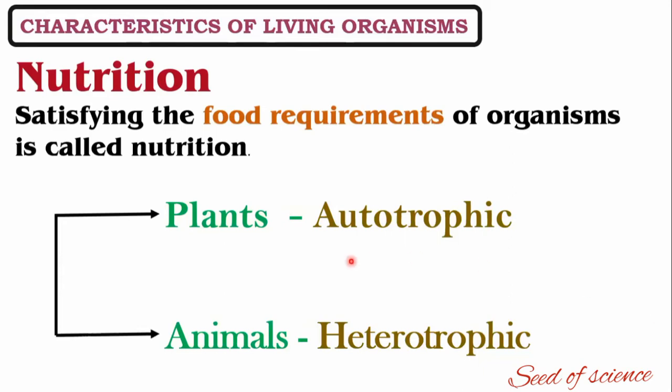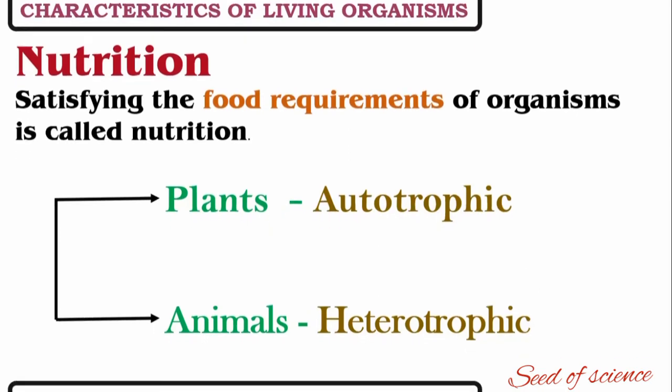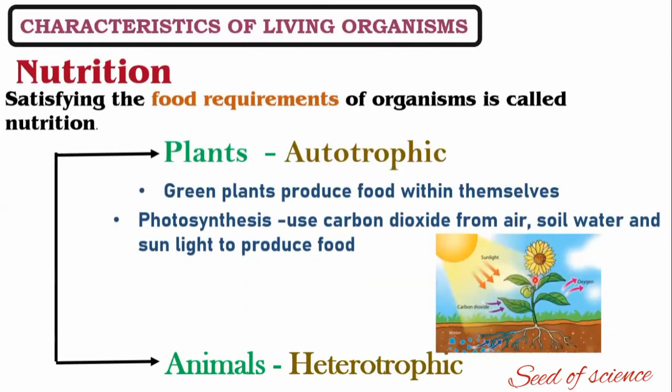Normally we call plants autotrophic or autotrophs, and animals heterotrophic or heterotrophs, right? What do you understand by the term autotrophic? Normally, green plants can produce their own food, right?